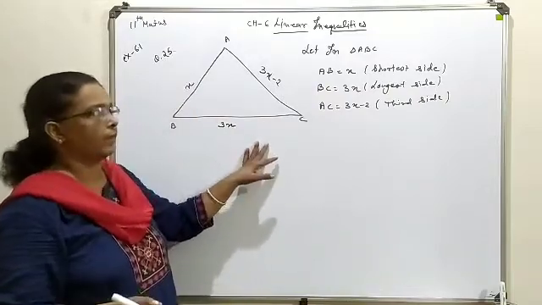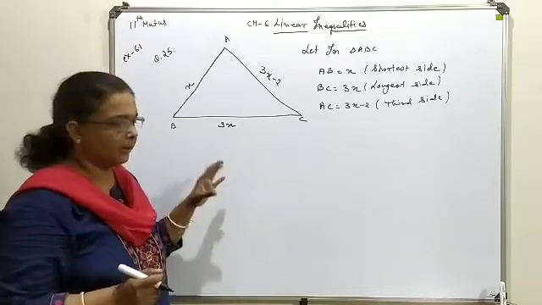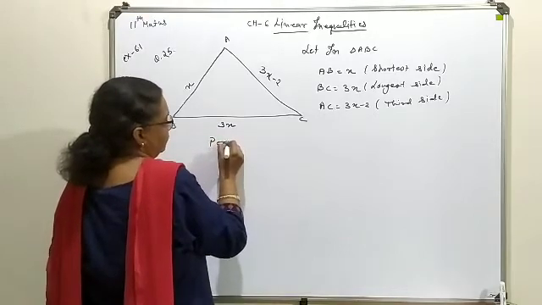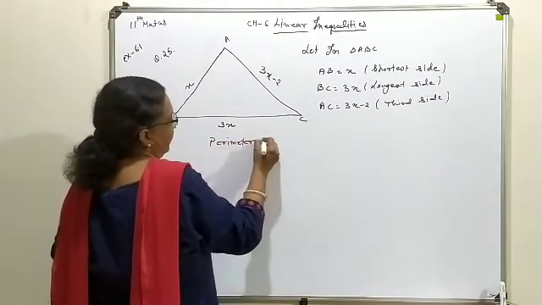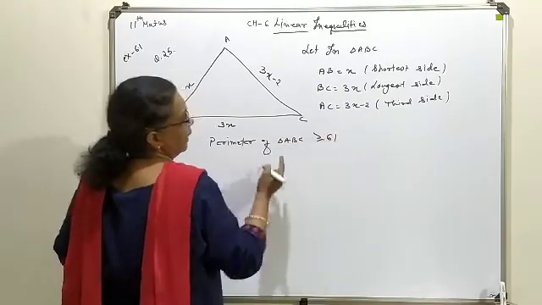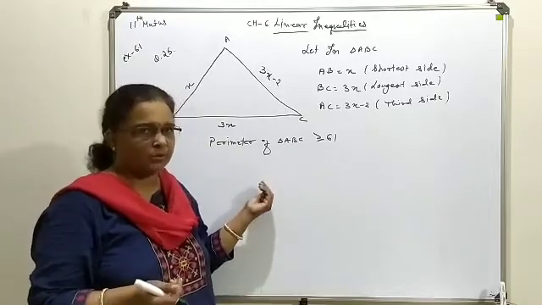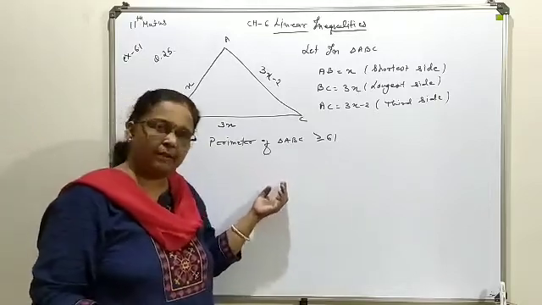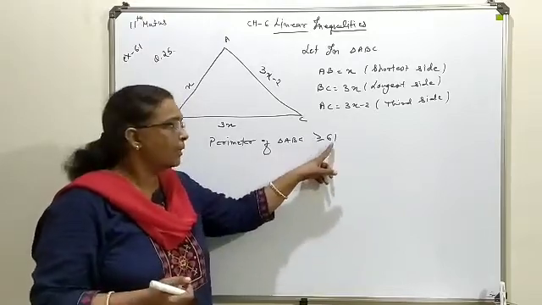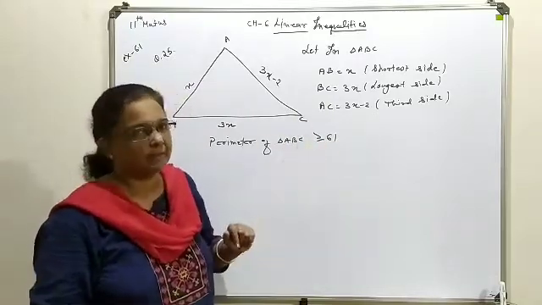Now the perimeter of this triangle is greater than or equal to 61, at least means, so here we can say the perimeter of triangle ABC is at least 61, meaning minimum it will be 61 or more than 61. Whenever in any question the words at least or at most are used, it means it can be minimum or maximum 61, so at that time the reverse sign we will use.